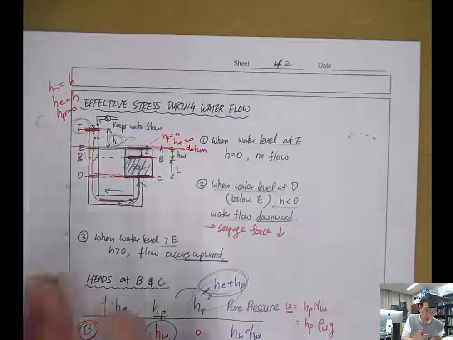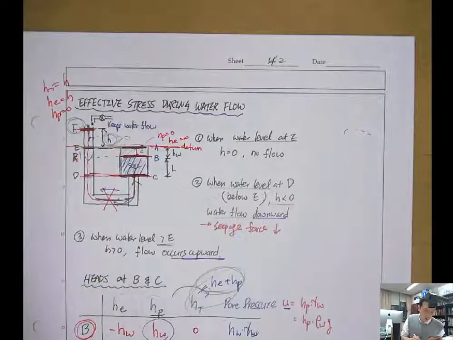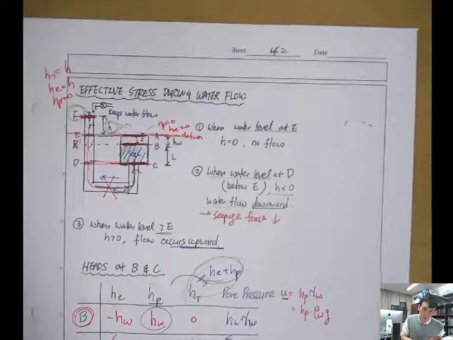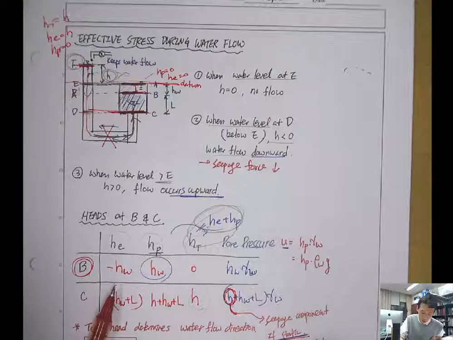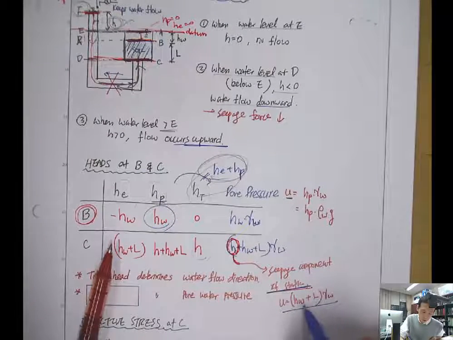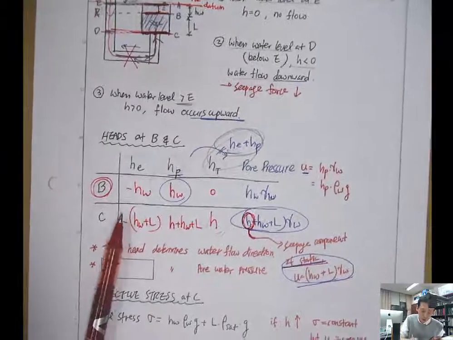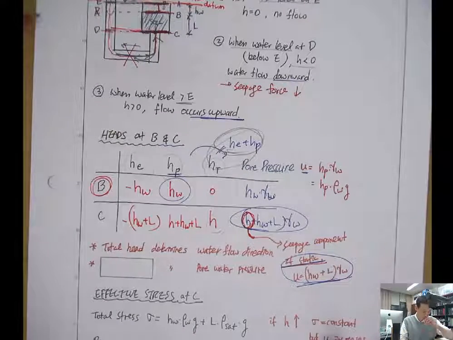If the water is not moving, let's say you have a valve here, then at C the water pressure will be HW plus L times gamma W. So if the water is static, the pore pressure will be just HW plus L times gamma W. And when you compare this one with this one, you have an H in addition to the static water pressure. That's the difference between moving water and water that doesn't move.